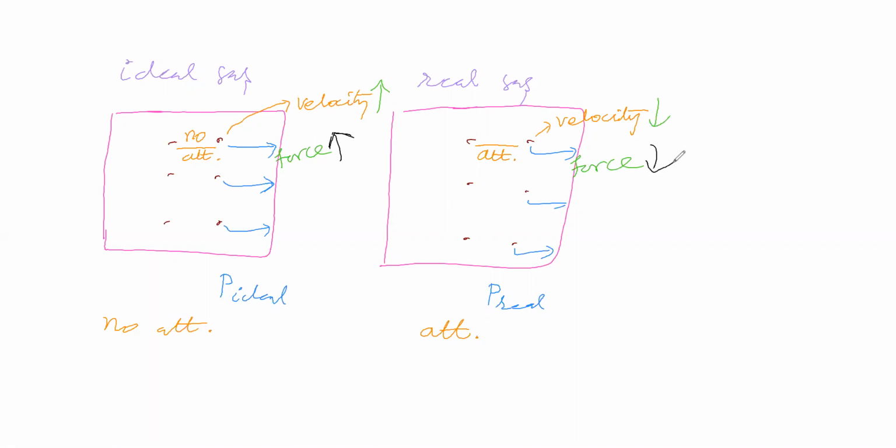Now you know that pressure is called force per unit area. Now you compare the pressure exerted by ideal gas and the pressure exerted by real gas. Since you said the force is different, the pressure also will be different. So which pressure is higher, you are saying?